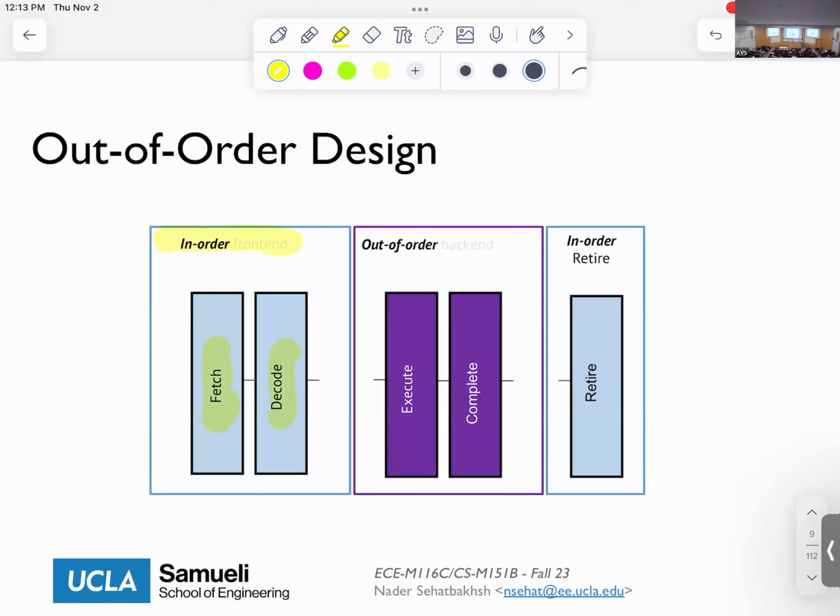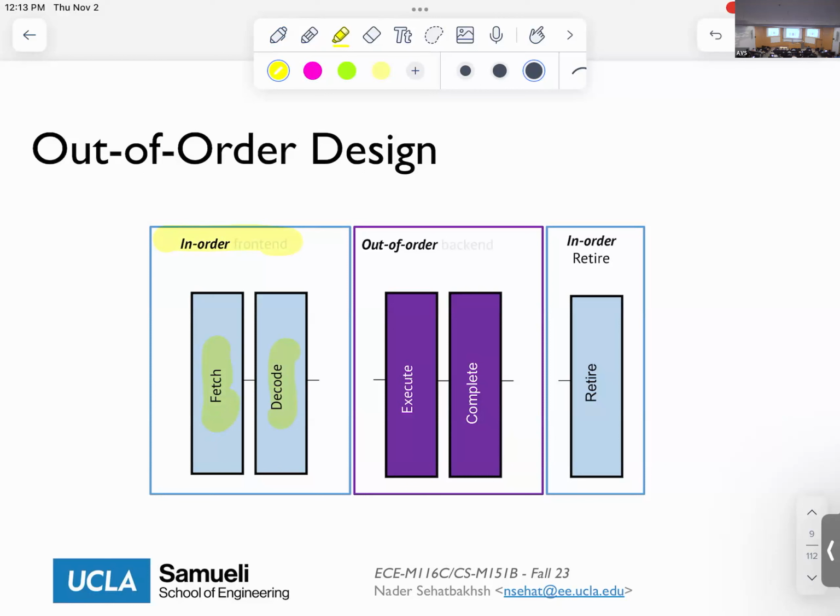So this part will be in order, but I'm going to create a mechanism such that the instructions that are independent from each other can be easily found, and then I can feed these instructions into my pipeline independently from other instructions. In this way, if I have a superscalar processor, then I can always fill the pipeline stages as much as I can.